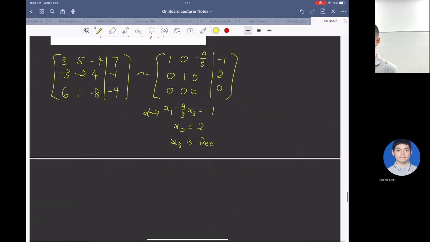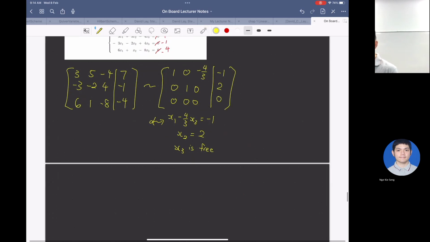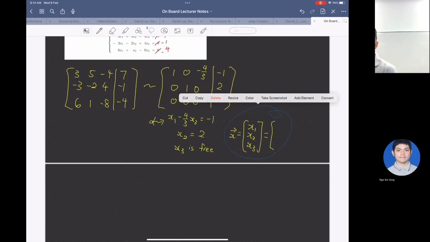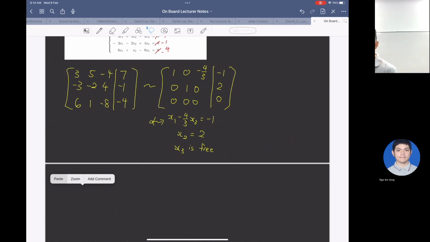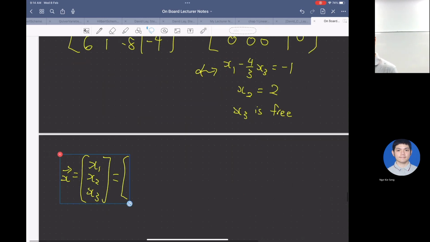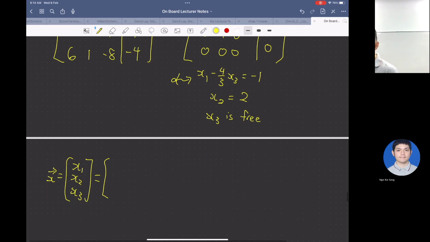In parametric vector form, x equals x1, x2, x3, where x1 is -1 plus 4/3 x3, x2 is 2, and x3 is itself.